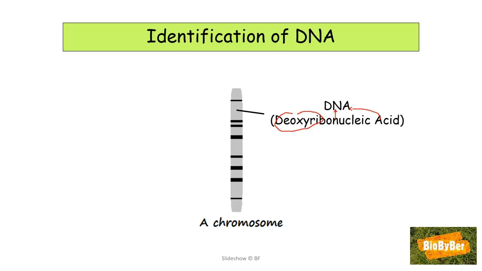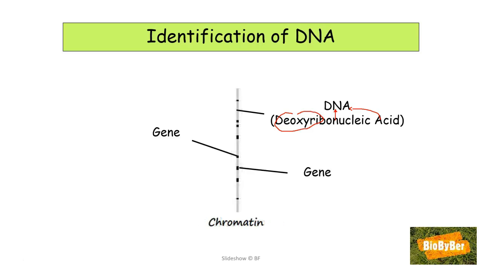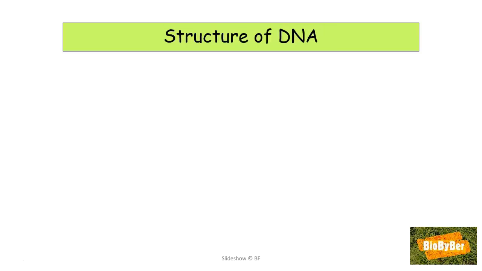DNA forms thread-like structures called chromosomes. Genes are sections of DNA found on the chromosome. When the DNA is invisible, it forms thin, elongated strands called chromatin, which is invisible.